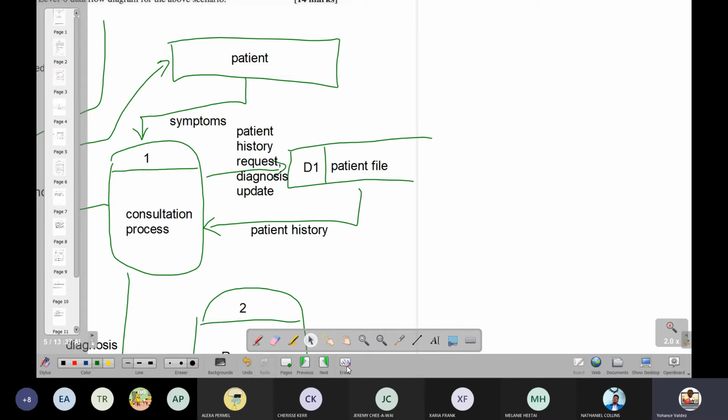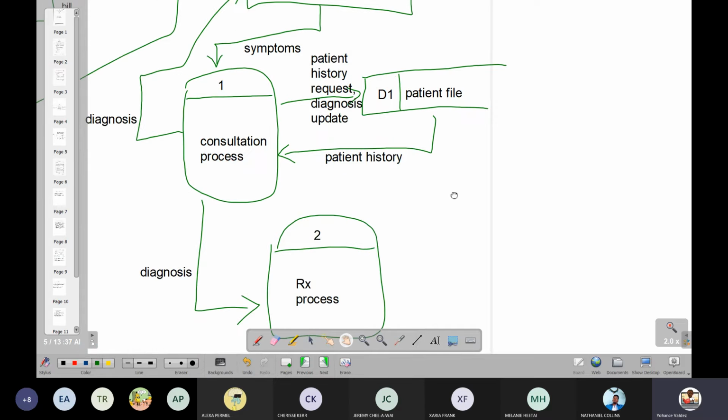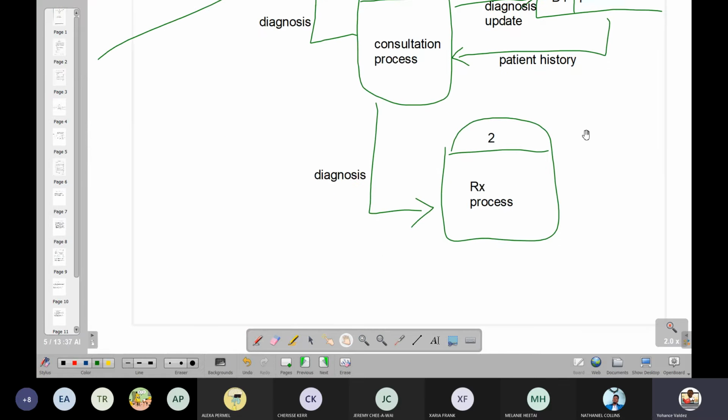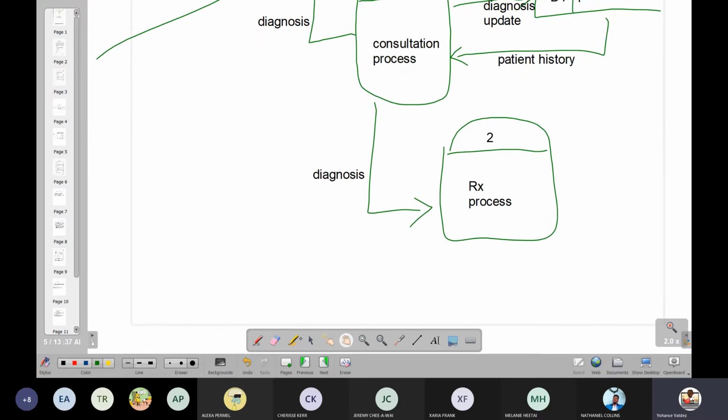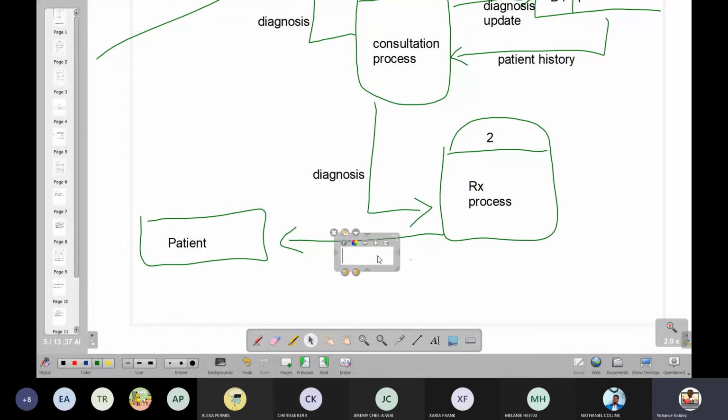So to the patient, and just to prevent crossing over and stuff like that, I'm going to make a new line there. And so the prescription process sends, of course, the course of medication to the patient.